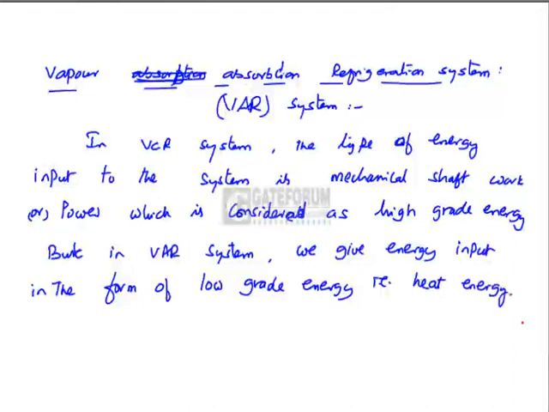Heat energy is considered to be a low grade energy, or cheaply available energy. The availability of heat energy is abundant, whereas the availability of mechanical shaft power is difficult.